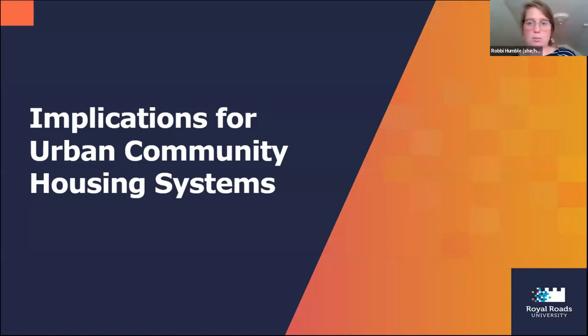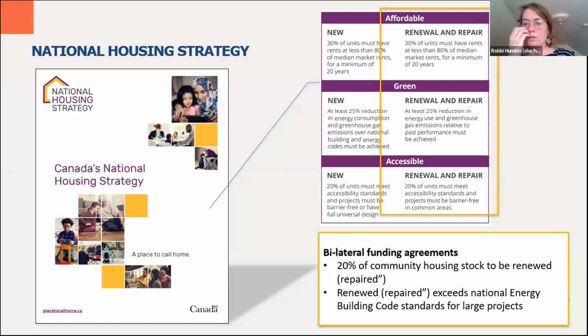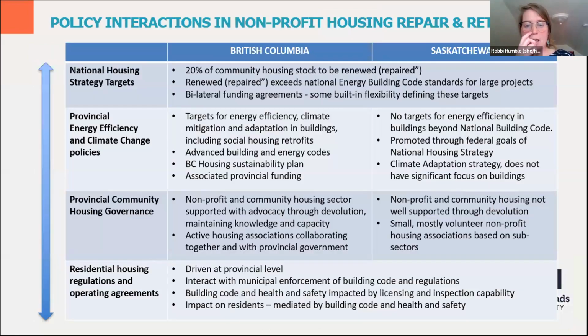So quickly, I'm going to talk about some of the implications from the housing system perspective. If we look back to the National Housing Strategy, there is this focus on community housing and repair, but how this is being played out in different provinces and different communities is going to significantly shape what's even possible, right? There are different targets that are going to be set at the provincial levels and working down into the municipal levels.